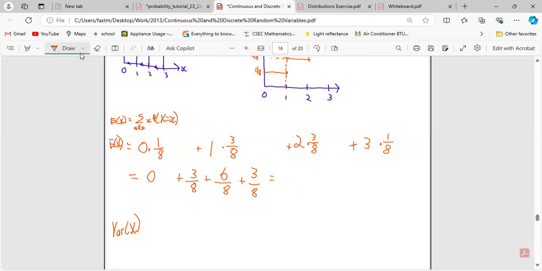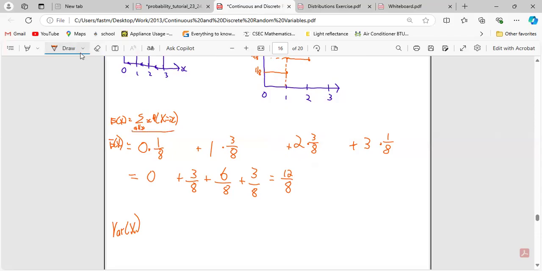So 0 times 1 on 8 is 0, 1 times 3 on 8 is 3 on 8, 2 times 3 on 8 is 6 on 8, and then 3 times 1 on 8 is 3 on 8. So you add this up. 6 plus 3 is 9, 9 plus 3 is 12 on 8. Yes, so that makes more sense. So there's the answer here.